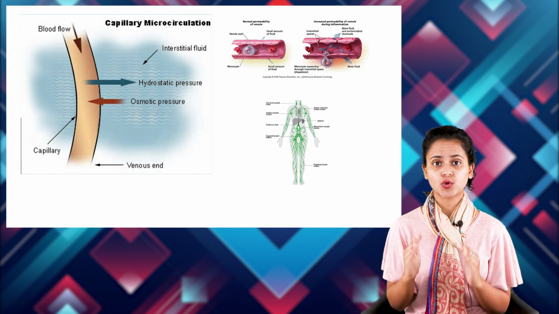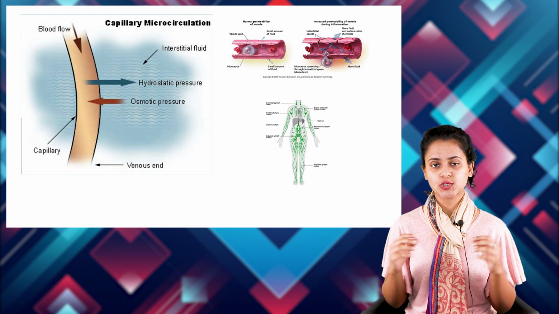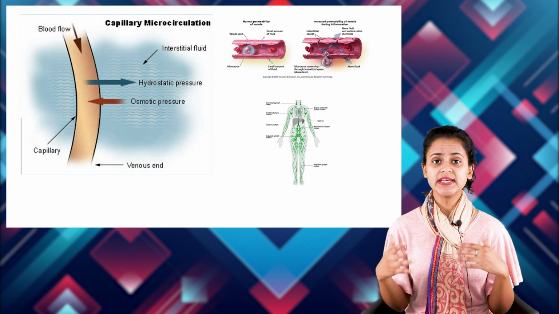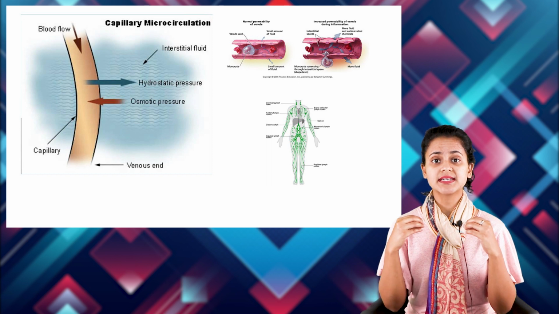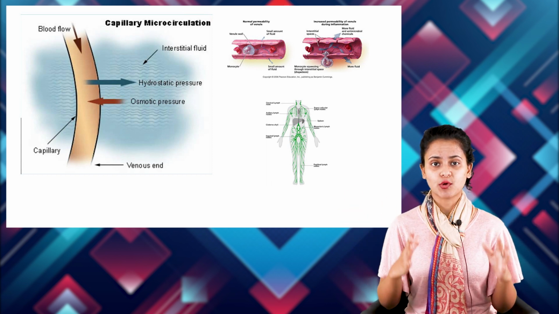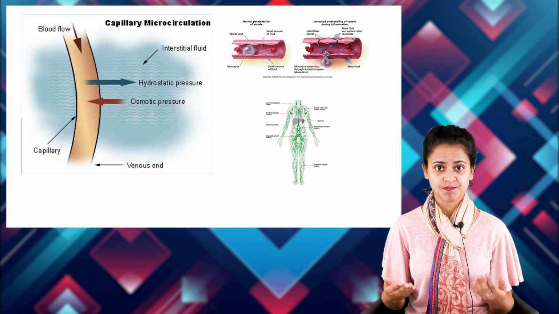Reduced plasma oncotic pressure is considered the second major cause of the development of edema. Third is increased blood vessel wall permeability, which definitely increases the escape of fluid from the intravascular space to the extravascular space.